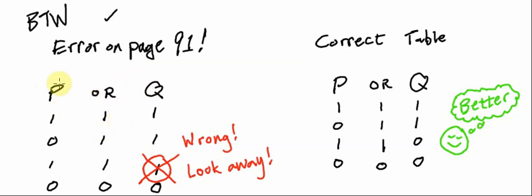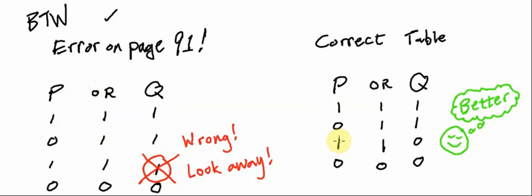But here what we do is we put the inputs on this side and on this side, and then the answer goes here. So when P is 1 and Q is 1, P or Q is 1. And when P is 0, Q is 1, P or Q is 1. But of course, here they mess it up. This should not be a 1. It's just an error in the book. This over here is the correct table.